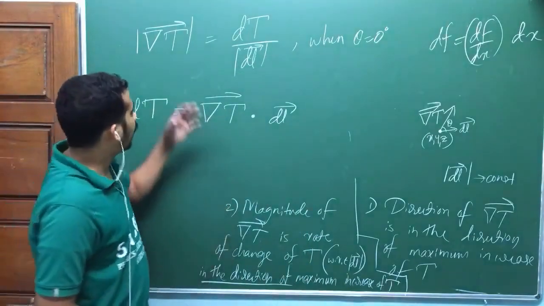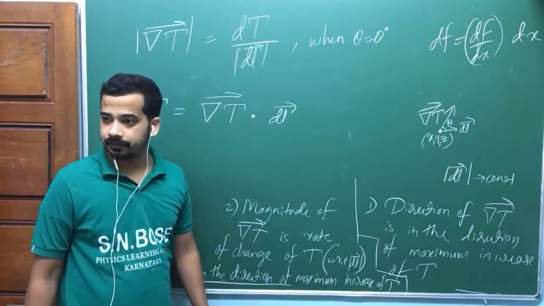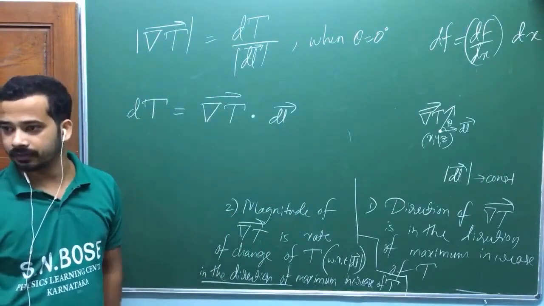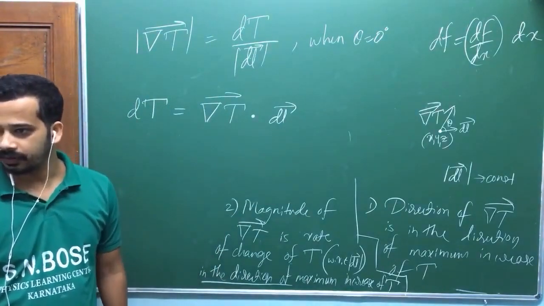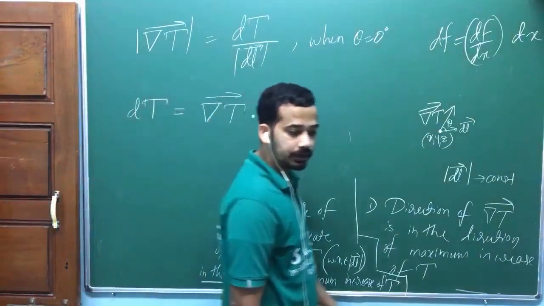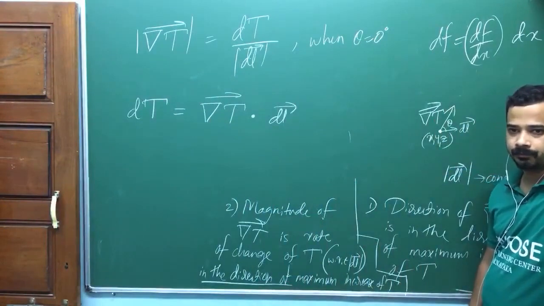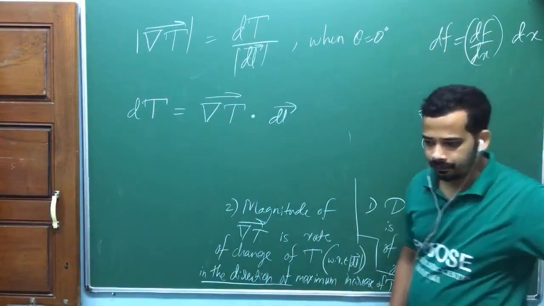You said magnitude is a rate of change of t, but rate of change of t in which direction? Are you getting my point? In the direction of maximum increase of t. Is that okay? Speak out. Yes, sir.